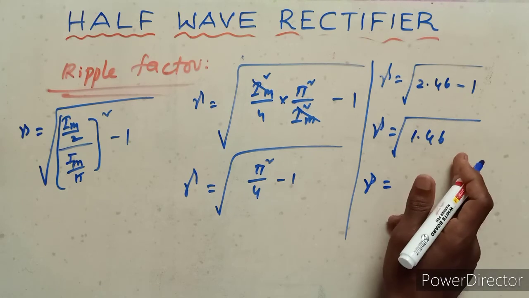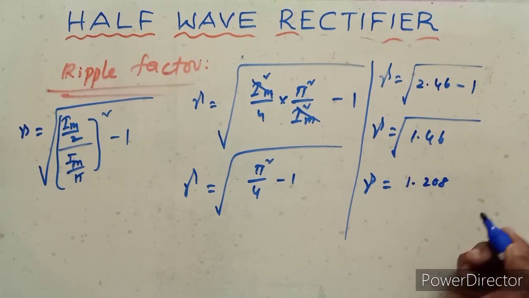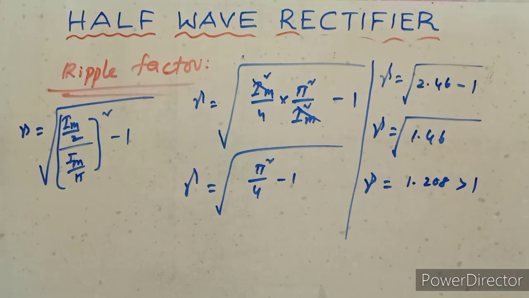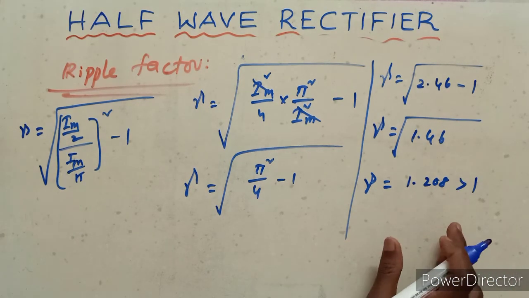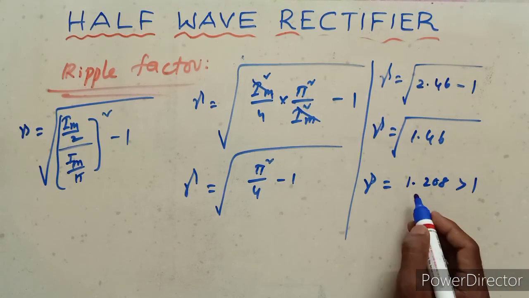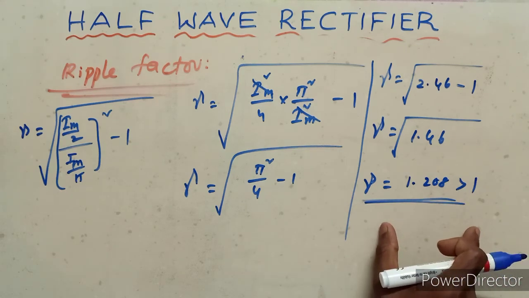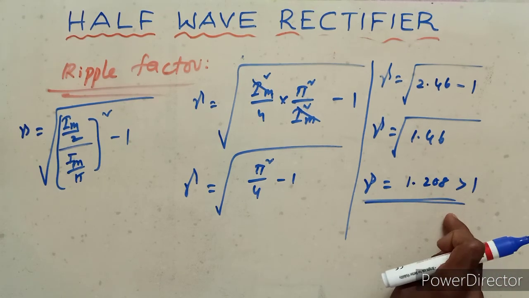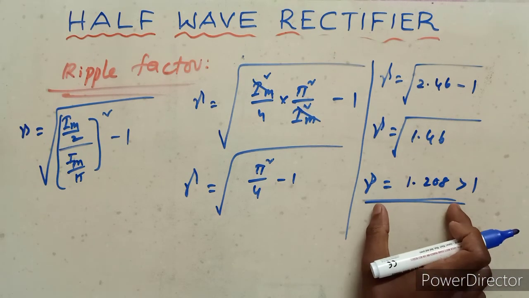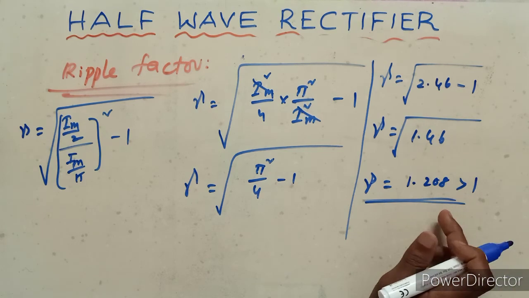Gamma equals root of 1.46 equals 1.208. This is greater than 1. From this expression it's clear that the amount of AC present in the output, the ripple factor, is 1.208. So the half wave rectifier is not practically useful in converting AC to DC.